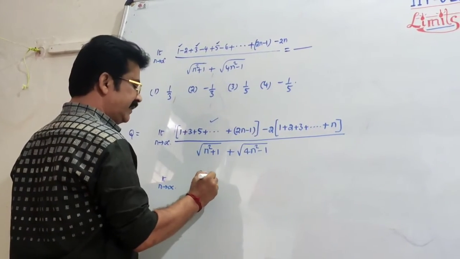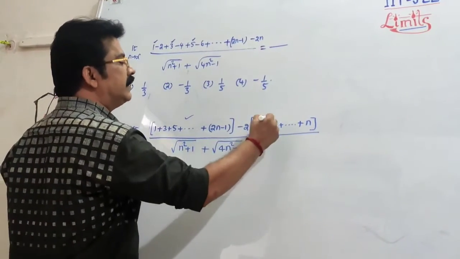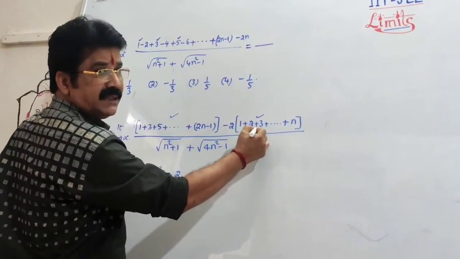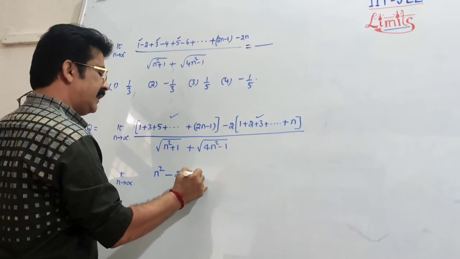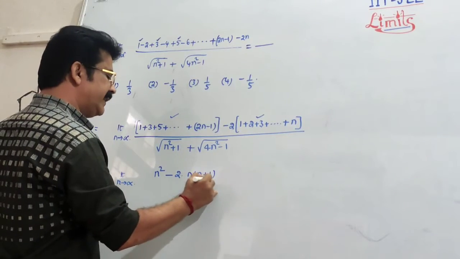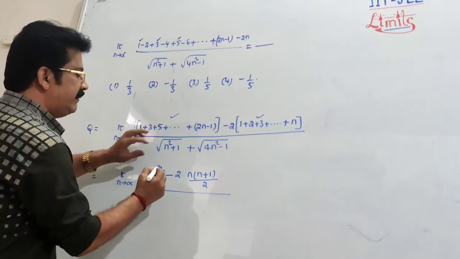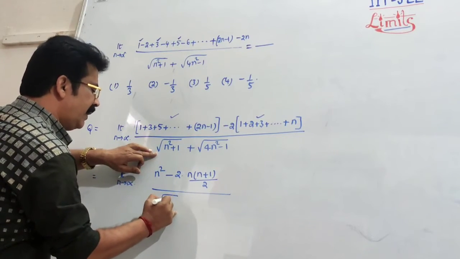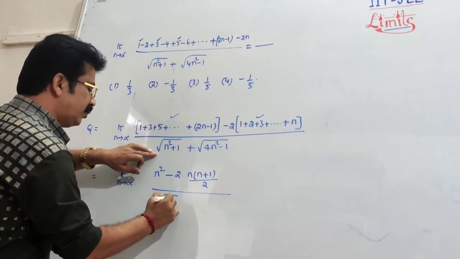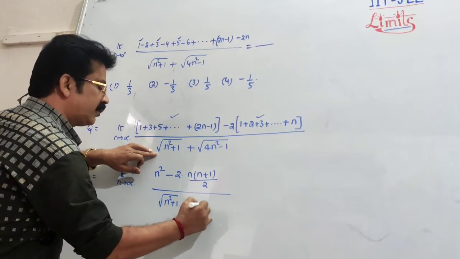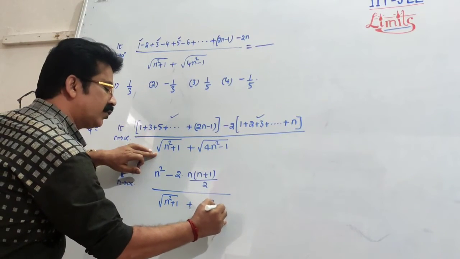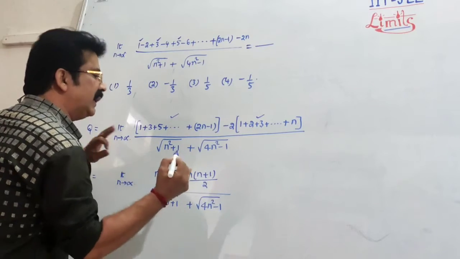Later, minus 2 into this one, clearly it is sigma n, with the formula n into n plus 1 divided by 2, whole divided by square root of n square plus 1 plus square root of 4n square minus 1.